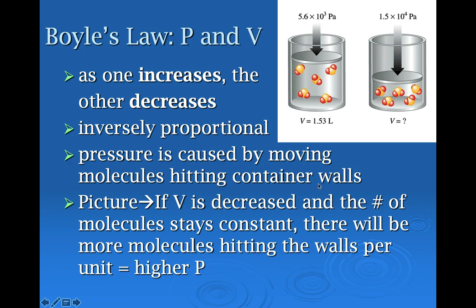If volume is decreased and the number of particles stays the same, there will be more molecules hitting the walls per unit, so there's a higher pressure in the second container. So if pressure goes up, volume will go down, so this number will be less than 1.53 liters.